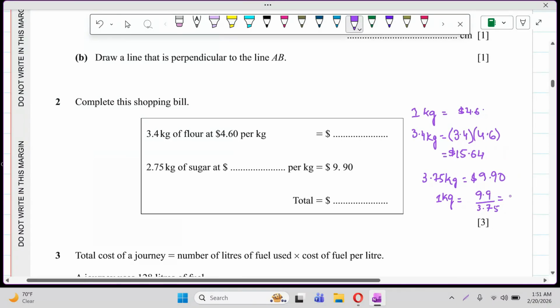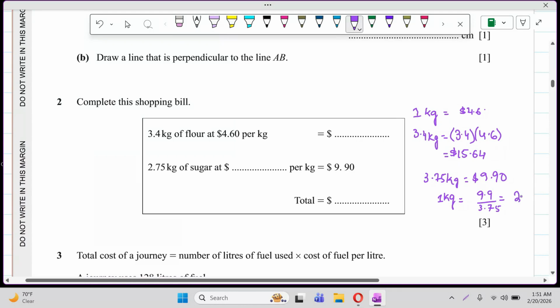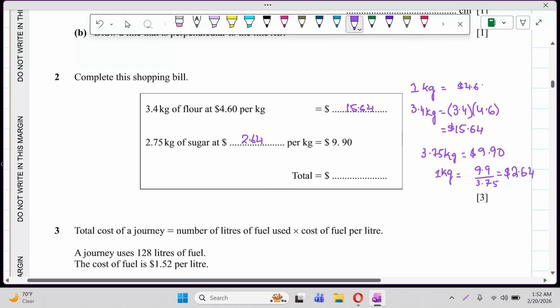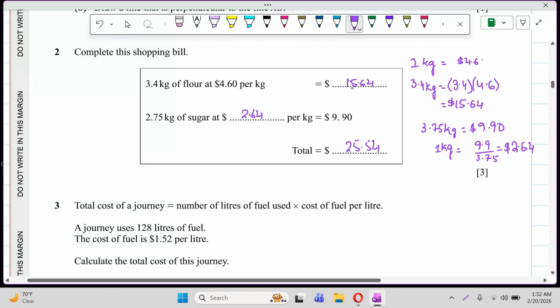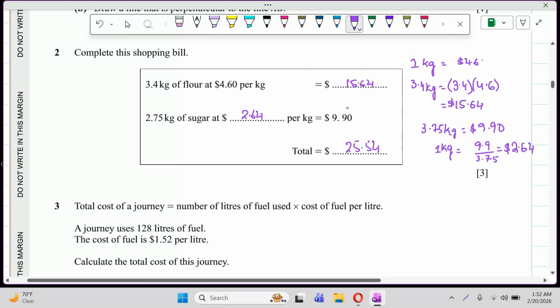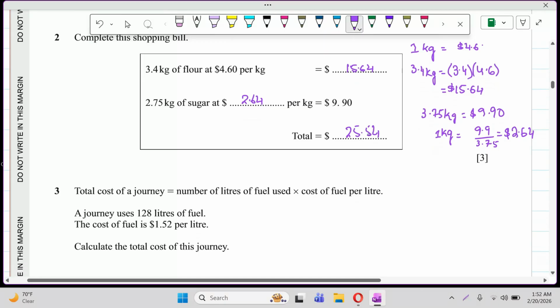The cost of the sugar per kg is $2.64. So here we can write 15.64 and this one is equal to $2.64. When we add 15.64 and 9.09, we will have 25.54, because adding the cost of the flour and the sugar we will have $25.54.